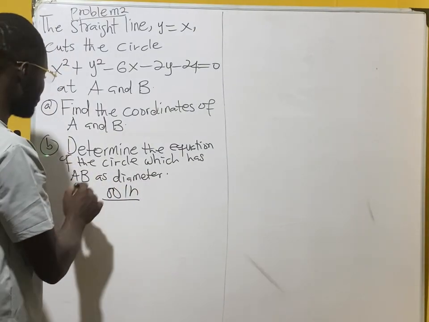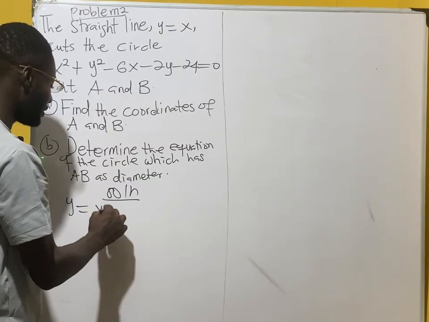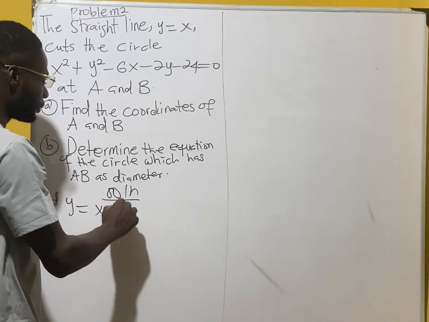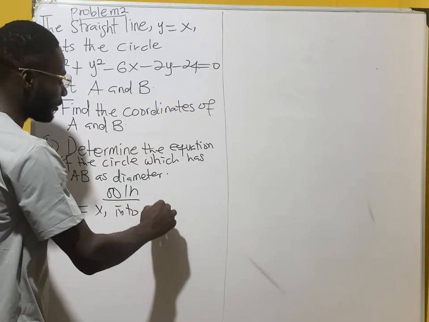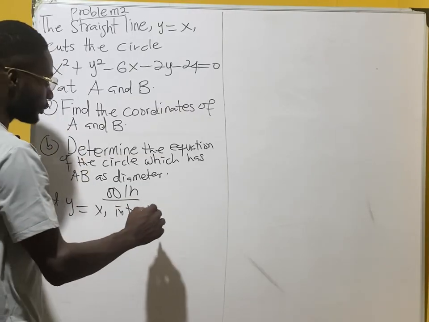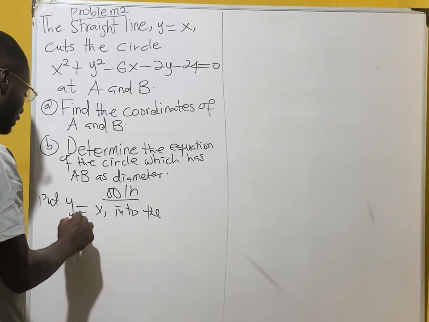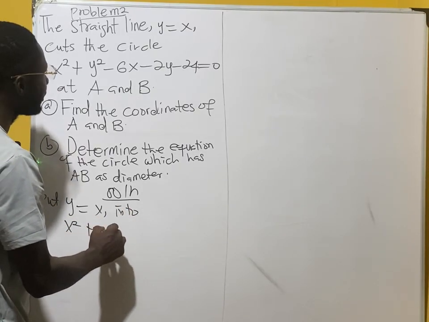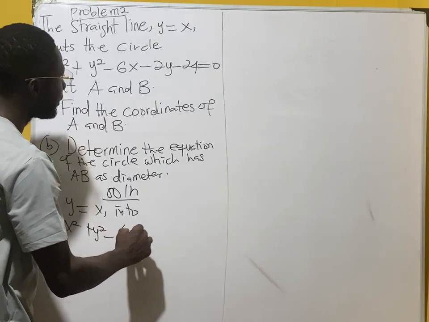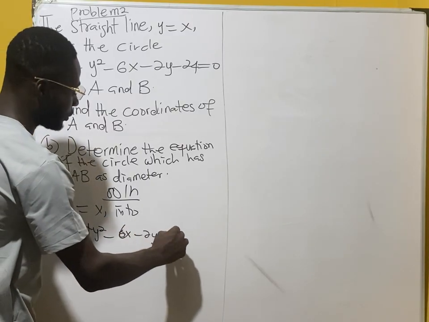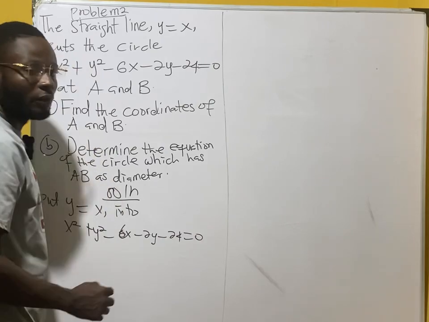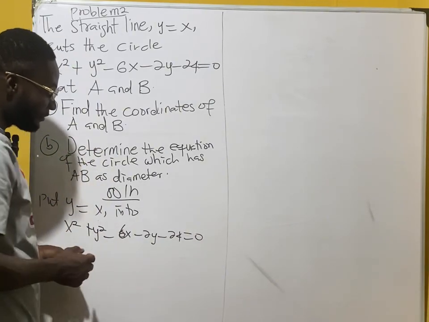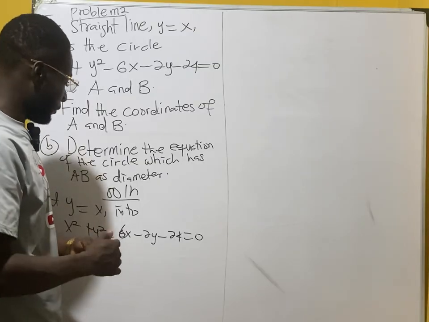So from here, we put y equals x into the equation of the circle, x squared plus y squared minus 6x minus 2y minus 24 equals 0. We substitute x in place of wherever we see y.